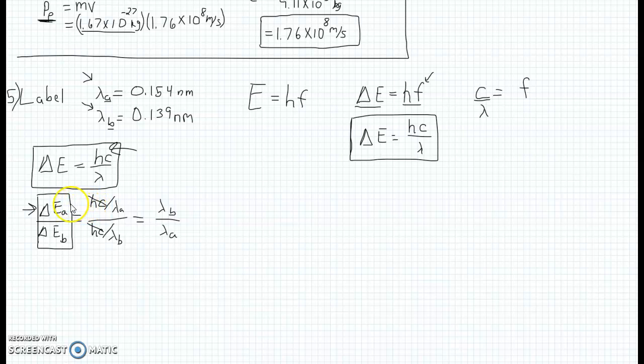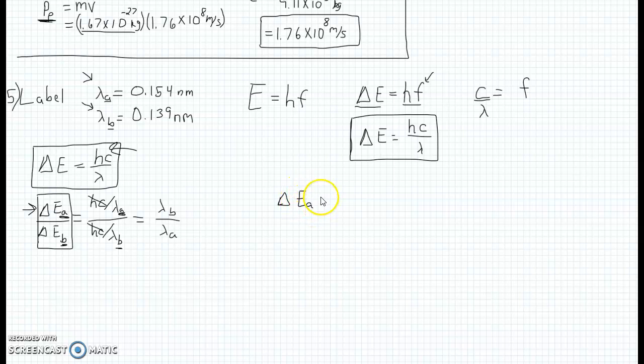And so if I insert this HC over lambda in for each energy level, because if I'm talking about energy level A, that means that I'm talking about wavelength A. And if I'm talking about energy level B, I'm talking about wavelength B. But in this expression, H and C are both constants. So in the top energy difference, I have HC divided by lambda A, and that is divided by HC divided by lambda B. So we can write this out a little bit more succinctly, so it might be less confusing, right?